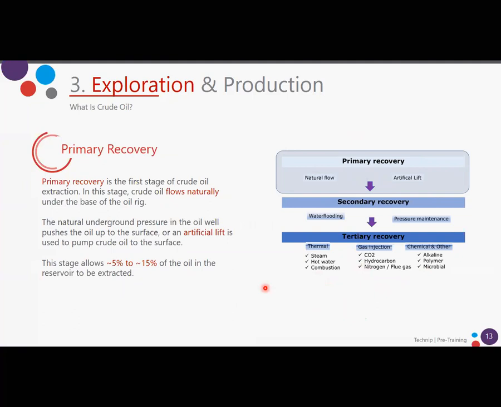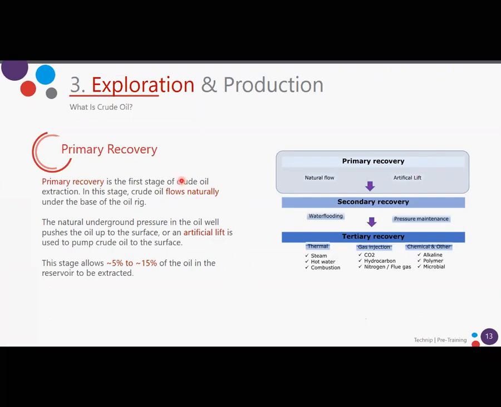The primary recovery is the first stage of petroleum and gas production. The crude oil extraction from a new well relies on the natural rise of the oil due to the pressure differences between the oil field and the bottom hole of the well. Also, you can use mechanical lift systems like a rod pump, which is also called primary recovery.